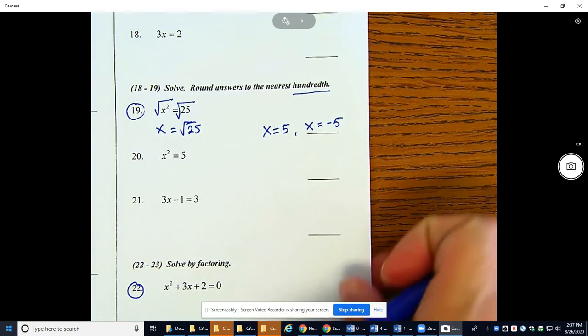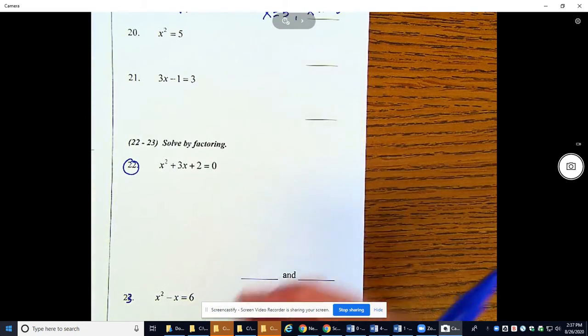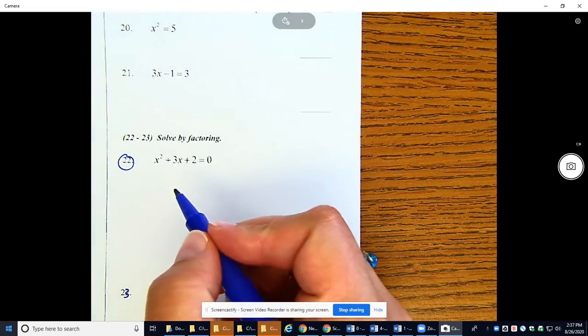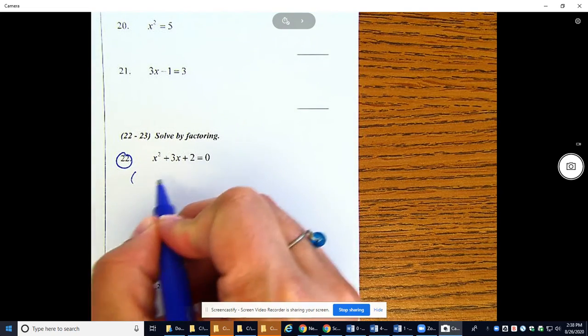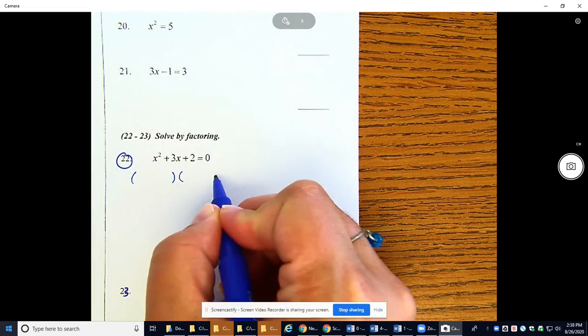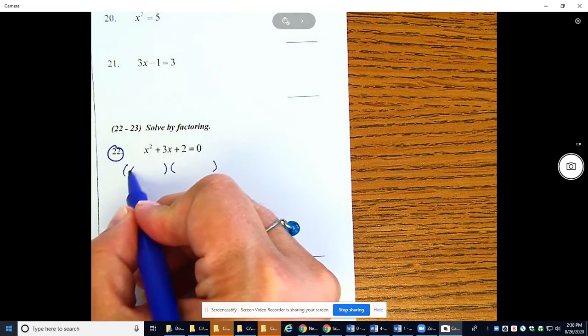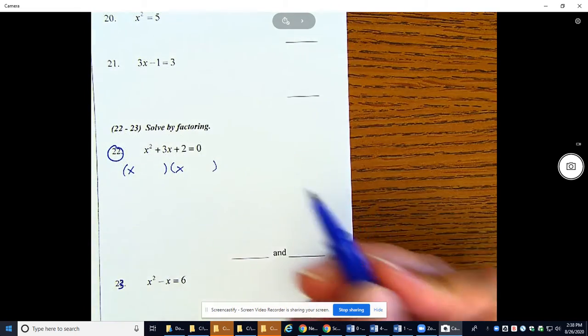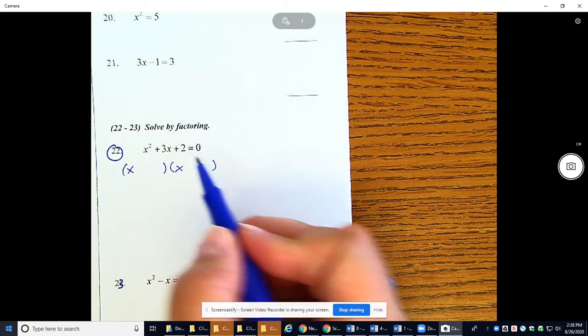All right, number 22 is to solve by factoring. And if you'll remember, factoring is when you take those quadratic equations and you break them apart into two binomials, right? So those first factors are x's, and then these second ones need to multiply to make 2.